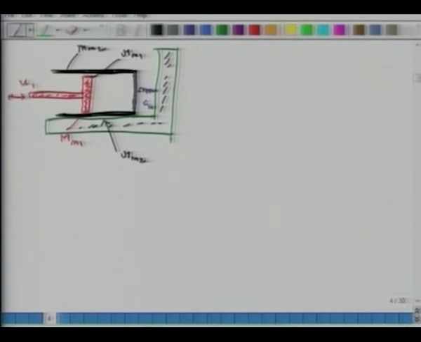So if I have to develop a circuit for this, again I have a velocity source, which is like a voltage source, generating velocity u1. How many masses do I have in this? Two masses, mm1 and mm2. So I have two masses, and I am using the mobility analogy.